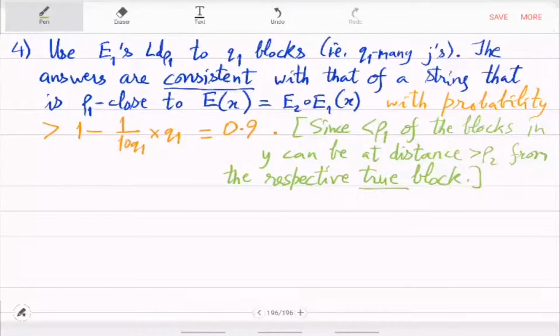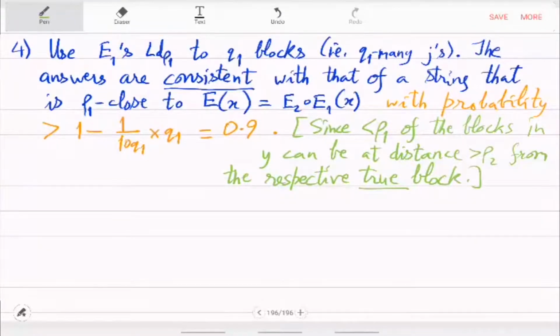Okay, remember that the overall cumulative error is rho 1, rho 2 or less. So which means that it's few blocks only which will be badly corrupted. Okay, by bad I mean more than rho 2 corrupted. So only less than rho 1 of the blocks are corrupted to an extent more than rho 2 in each such block.